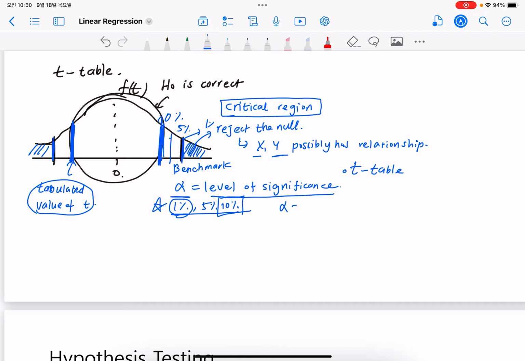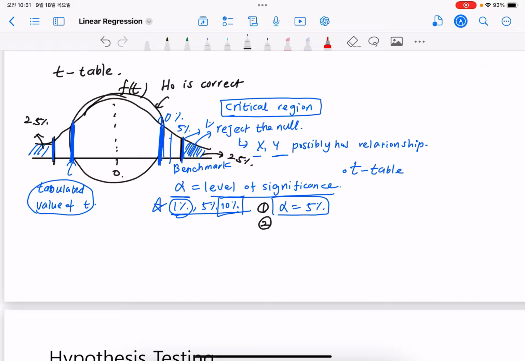So let's say we set up the alpha to be 5%, right? Then that means that the region on the right-hand side would have 2.5%. Here we also have 2.5%.